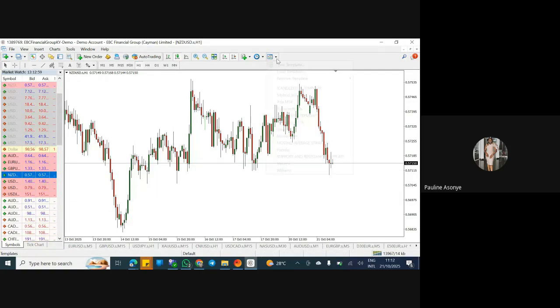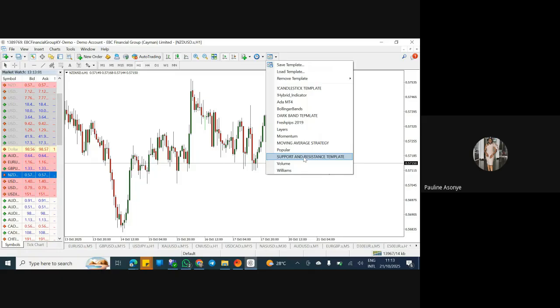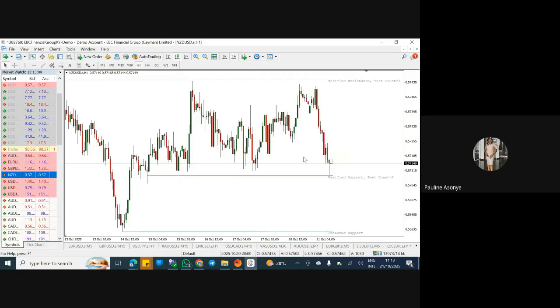If I want one with support and resistance, I saved it here as a support and resistance template, and it is still white. I left it at default because sometimes I give my clients some of these templates, then they customize it to what suits them. If they want exactly my template, I give them my own template, which is named Ada, when you saw me open it. So this is just how you can open a new chart.